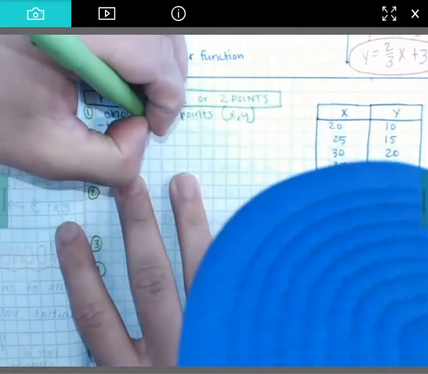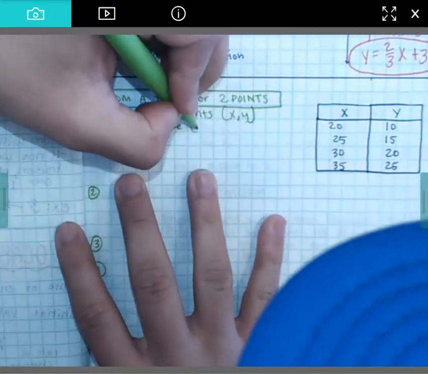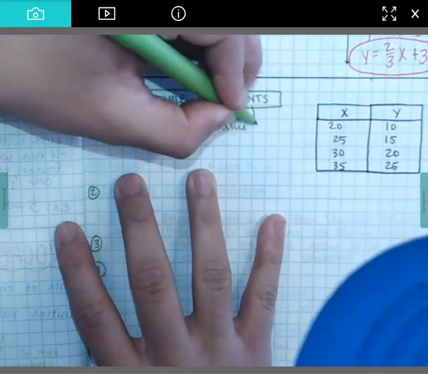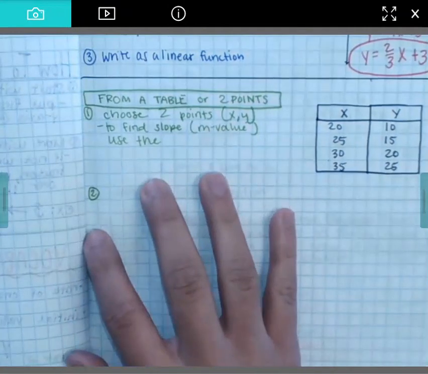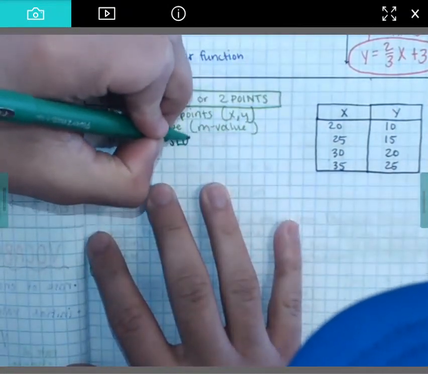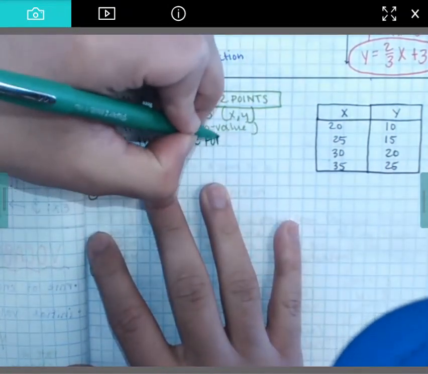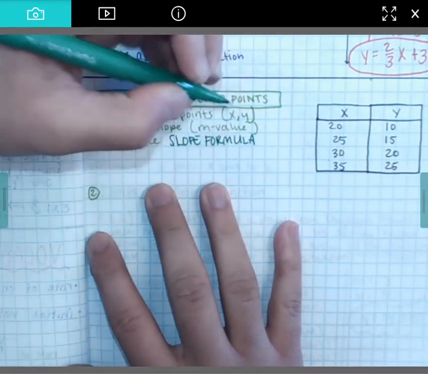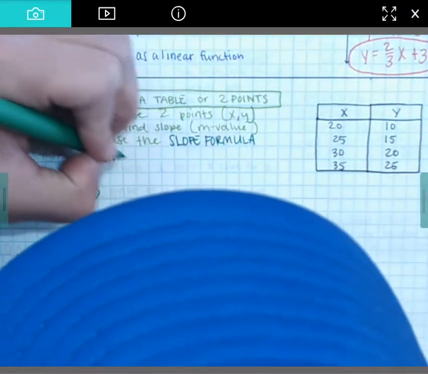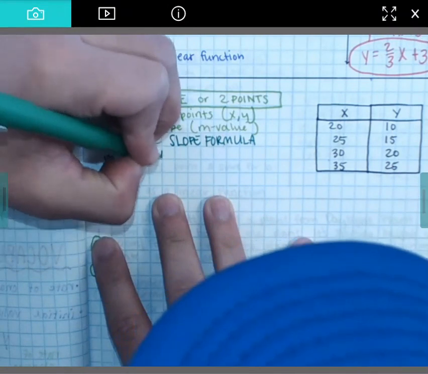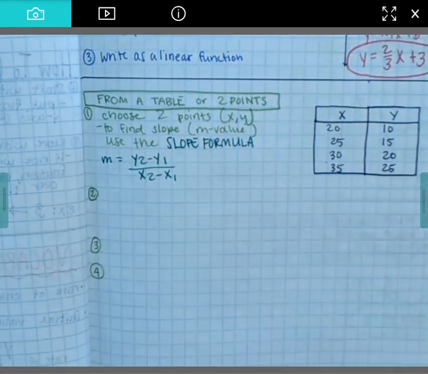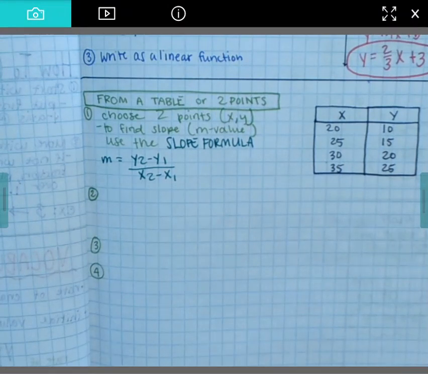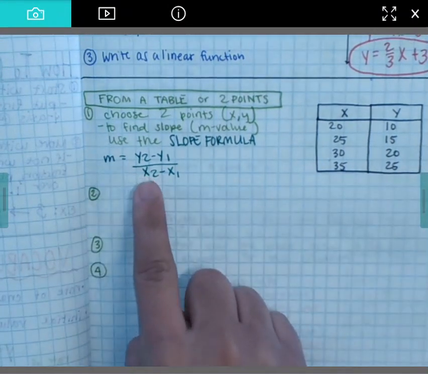To find slope for our m value, use the slope formula, which I'm putting in a different color because it's important. Our slope formula is m equals y2 minus y1 all over x2 minus x1. We'll go through that together after I finish writing out the steps.